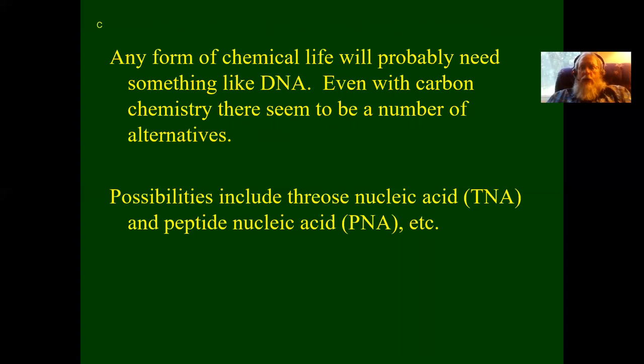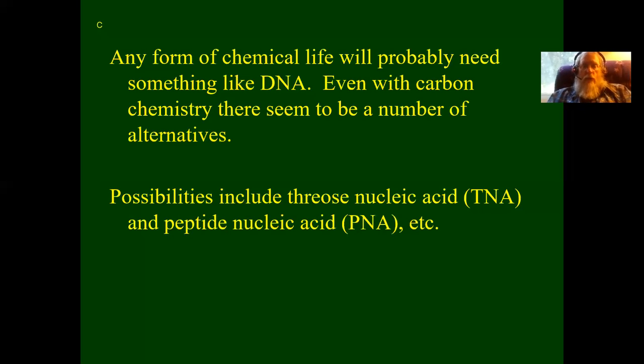And even if we stick to just carbon chemistry, which we're going to do here, it seems like there are clearly a number of alternatives. One possibility is that there are other nucleic acids besides DNA and RNA, including some that use other sugars like threose, so-called TNA, and then do the chain by other than a phosphate group sugar backbone.